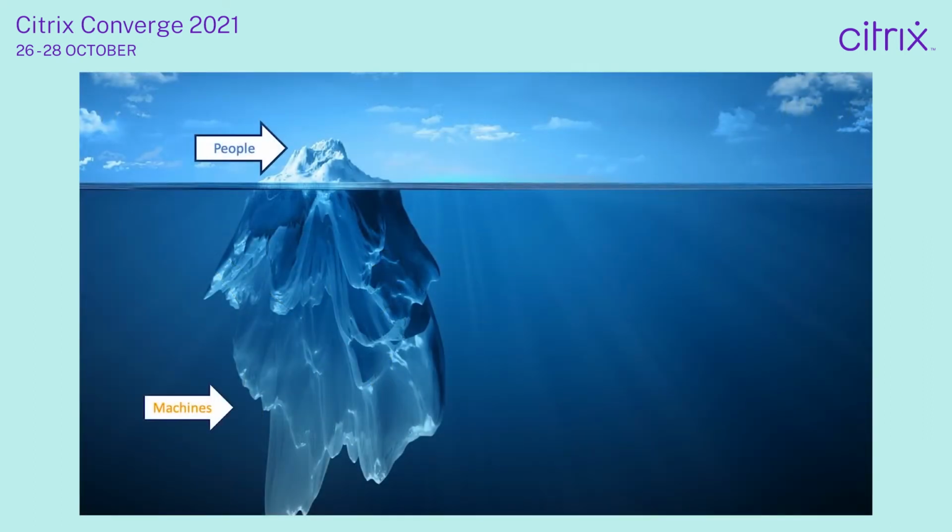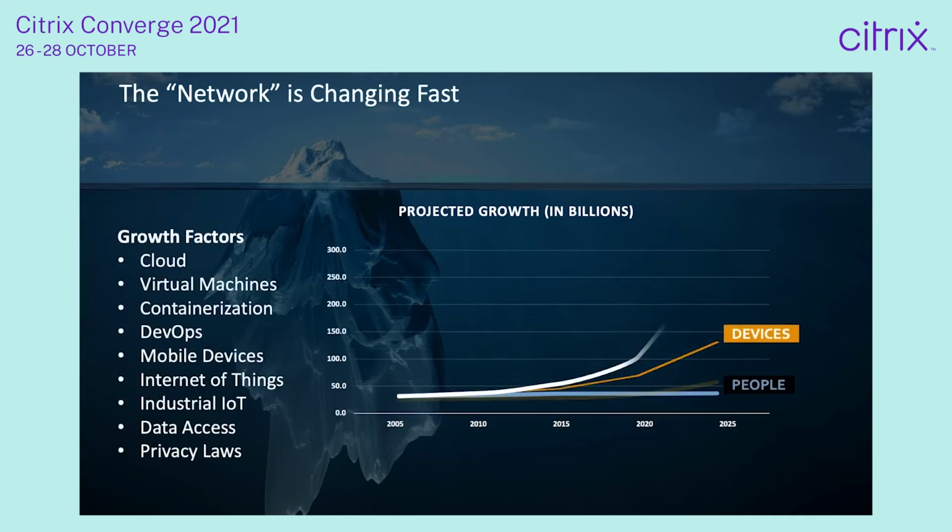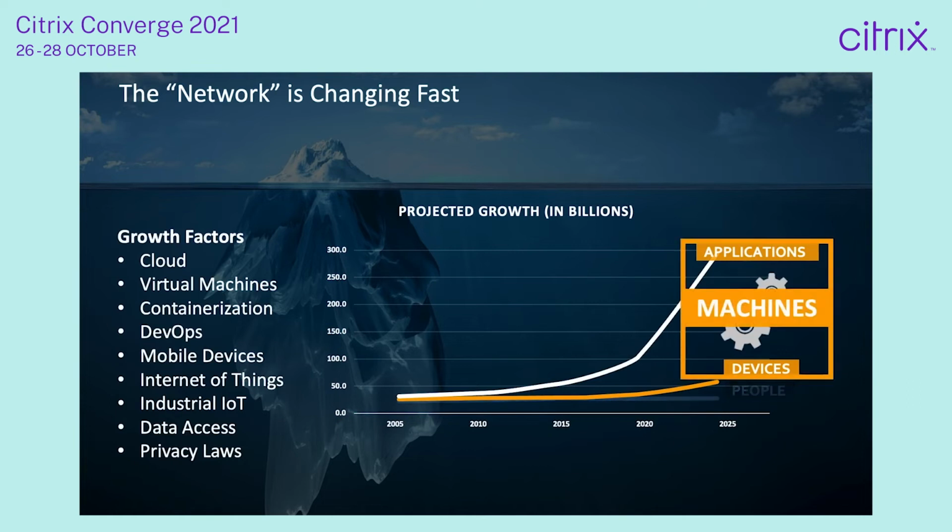Human identities are literally the tip of the iceberg in an organization. They represent a fraction of the identities necessary to manage, to confirm, or deny access. The number of people in the world is going to remain relatively flat over the next couple of years, but the number of machines, devices, and applications is exploding.